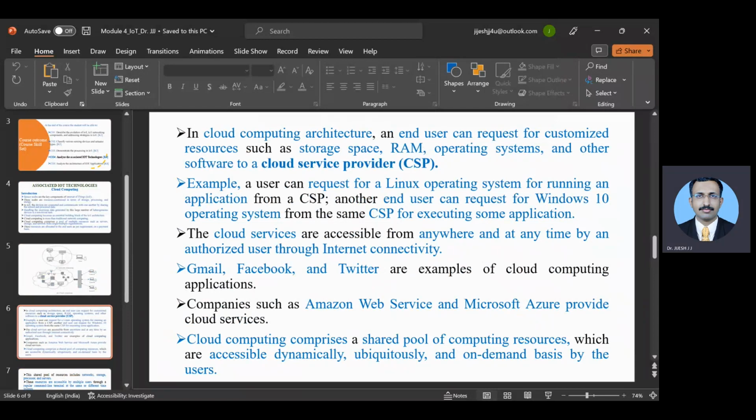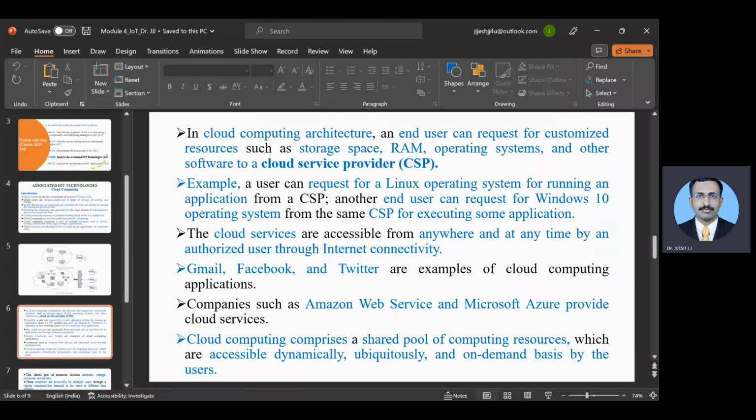That's what I told. Wherever you are, whenever you are, you can access the information. Dynamic and on-demand basis for the user. The user needs the information now. Any computer or any device, you can log in and take out the information. So that is very good for the users. Okay. So this is what we know.